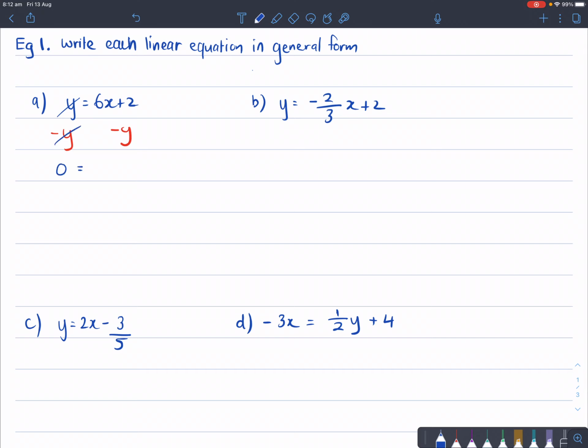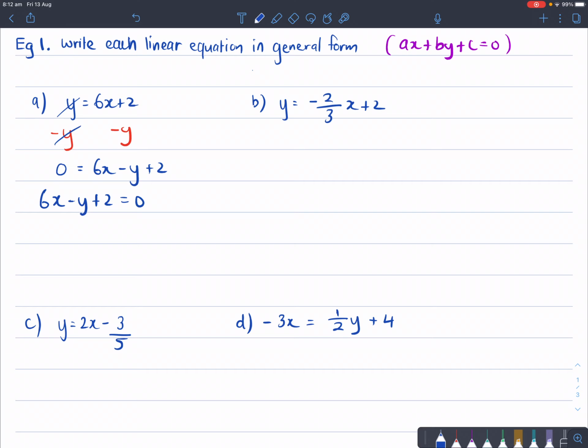Then I'm going to rewrite this in the form of ax plus by plus c equals 0. We start off by writing our 6y, but we have to slot in the minus y inside there, plus 2, and that's equal to 0, and we can swap that around, and I have finalized my general form.